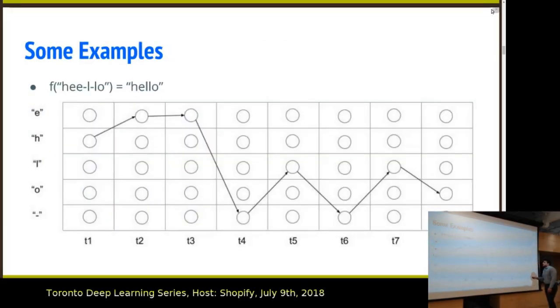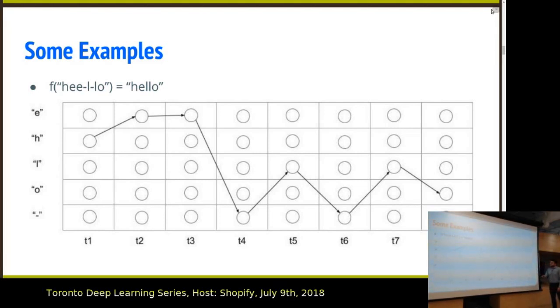And so let's establish this convention where I have the time steps on the horizontal axis and the labels on the vertical axis. So let's say that I want to draw the path for HEE-LLO. So we start out with an H, we go to E, then we go to E, then there's a dash, L-L-O.